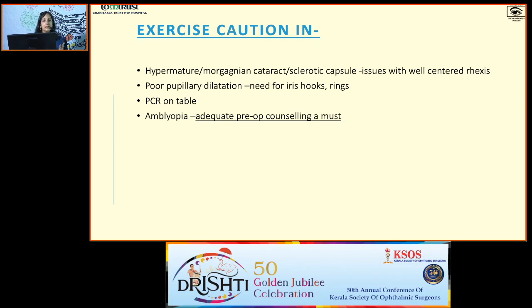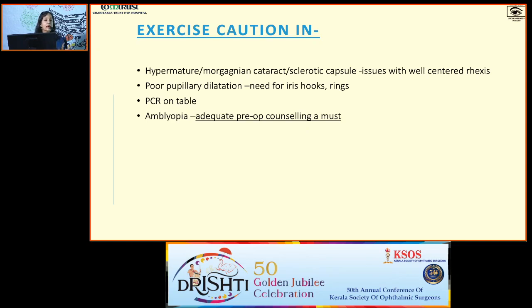Poor pupillary dilatation cases, if you are confident with placing iris hooks or rings, please go ahead and implant your toric IOLs. But in case you're not confident, better stay away from poor pupillary dilatation cases, because you will not be able to visualize the markings, the dots or lines that are there to denote the axis.